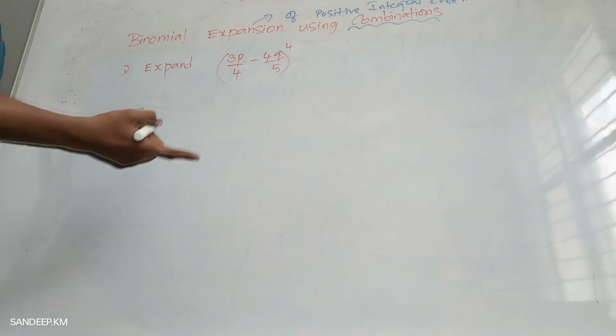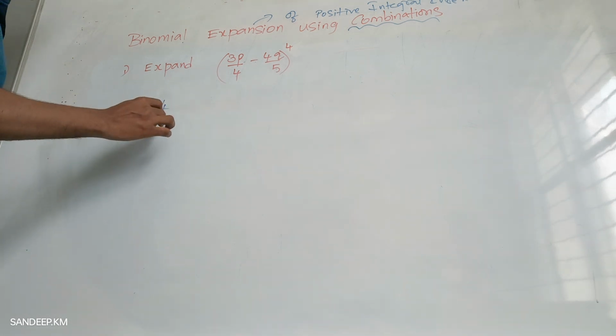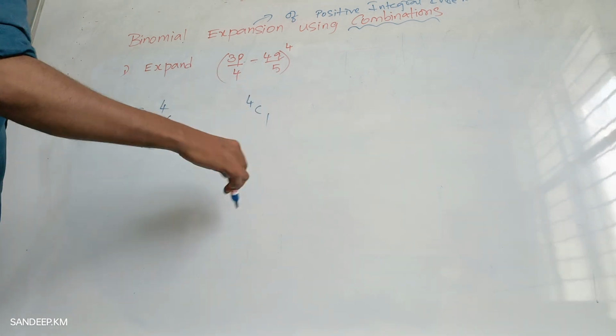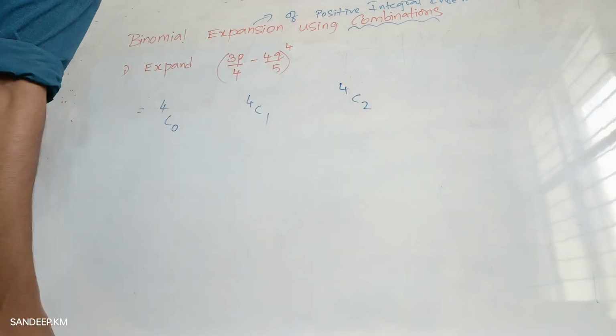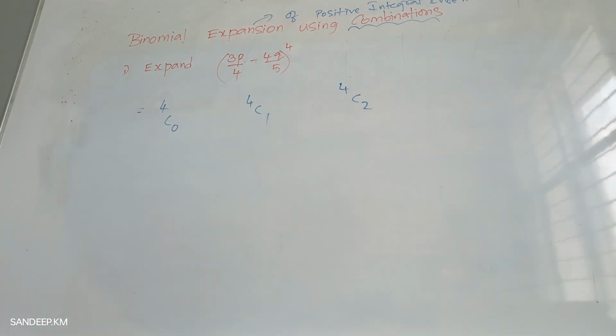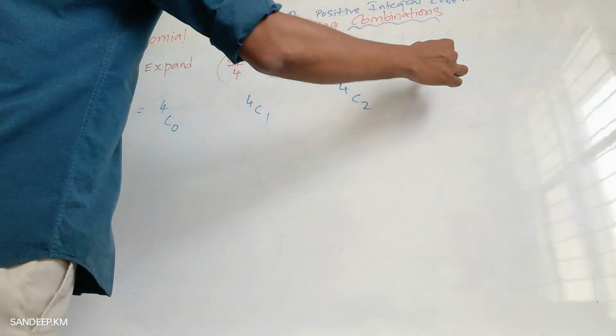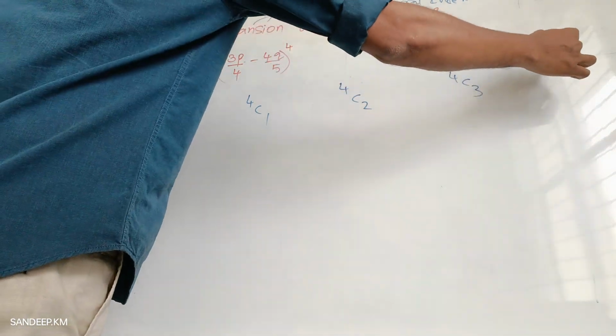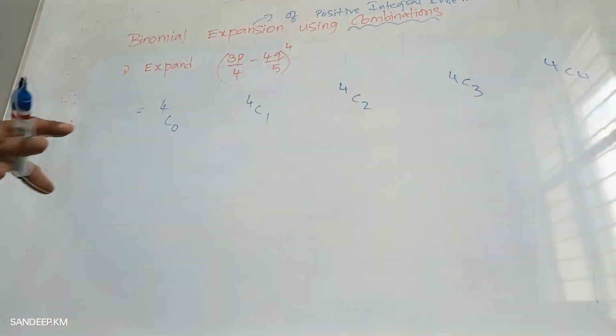First of all, let me write the binomial coefficients: 4C0, 4C1, 4C2, 4C3, and finally 4C4. It contains totally 5 terms.